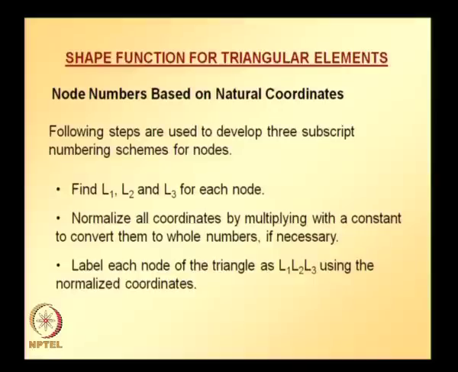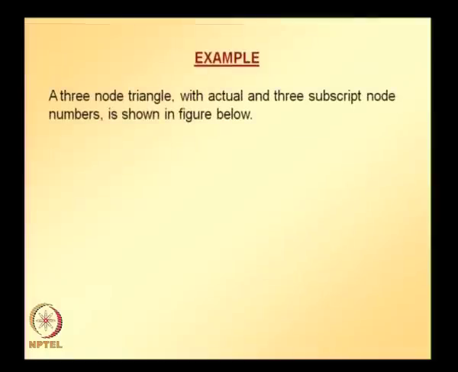Now let us try to understand how to find L1, L2, L3 for each node, and also, if necessary, how to normalize these L1, L2, L3, and how to label each of the nodes with L1, L2, L3. A 3 node triangle with actual and 3 subscript node numbers is shown in the figure below.